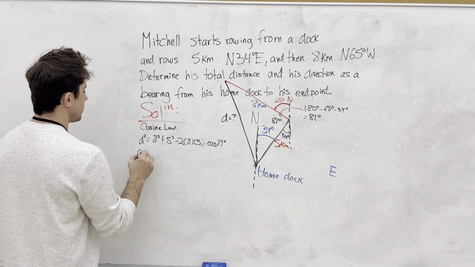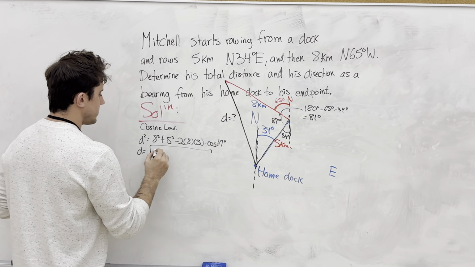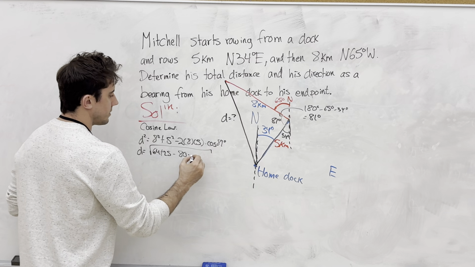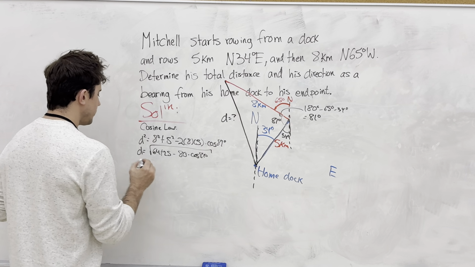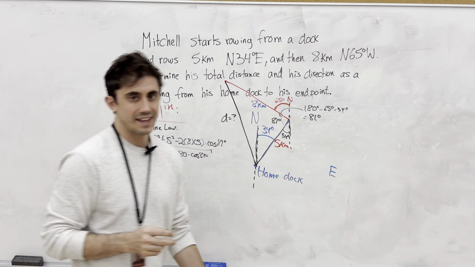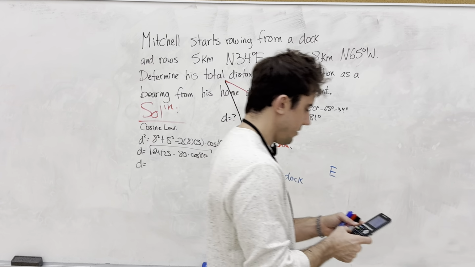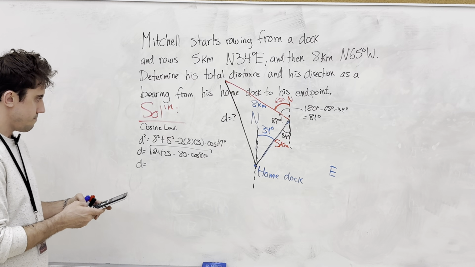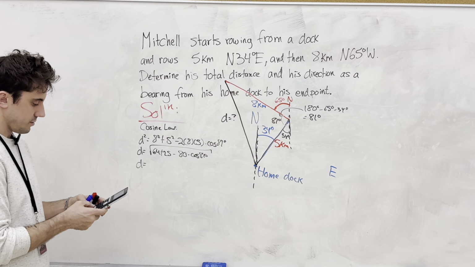You can plug this into a calculator, so D is the square root of all that. 64 plus 25 minus 80 times cos of 81 degrees, which means that our third length D is the square root of 89 minus 80 times cos of 81.